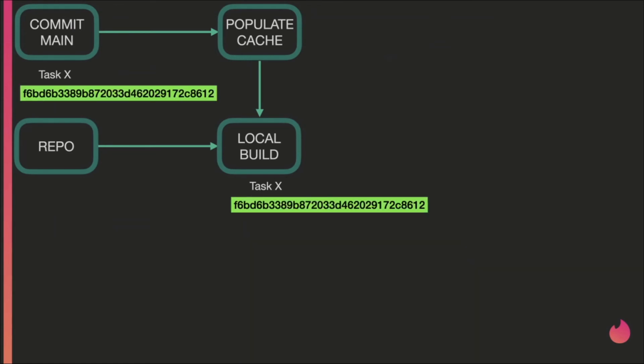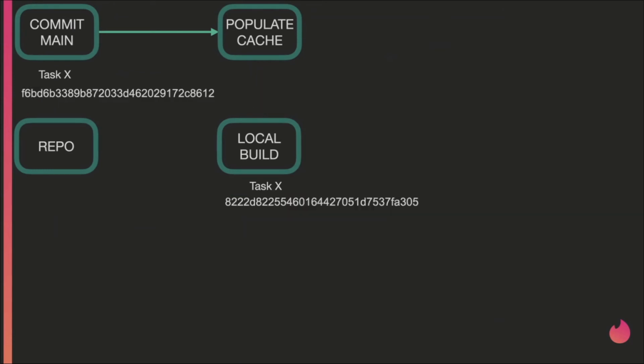And we have the same elements. But that's not, I think, the normal use case. Usually we have this situation where we have a new commit in the main branch. We have a given hash value for a task, a cache key, but the local build contains changes as well. And the same task is going to generate a different output.